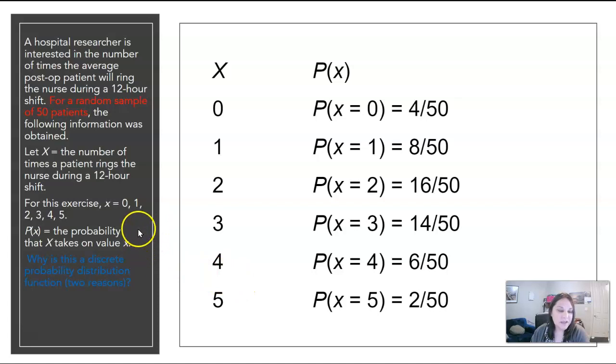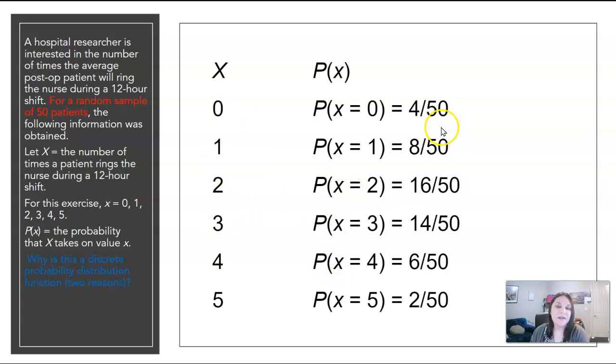So the question down here at the bottom is, why is this a discrete probability distribution function? It says 2 reasons. First reason, the first column, what we're counting is the number of times, and that could be expressed with a number, a discrete number. The second reason is that these represent the probability of each of the possible outcomes.